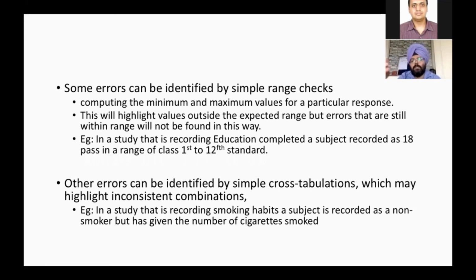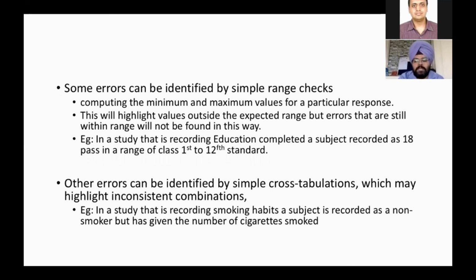For example, if we write about the education completed by the subject, we know it is from class 1st to 12th. Either a person will be illiterate or it will be from class 1st to 12th. In case the person has written 18, it is clearly out of the range. So we mark that this is wrong. So we cross check again. If we have maintained the filing, if we have maintained the tracking ID, we will be able to find out what the actual information was.